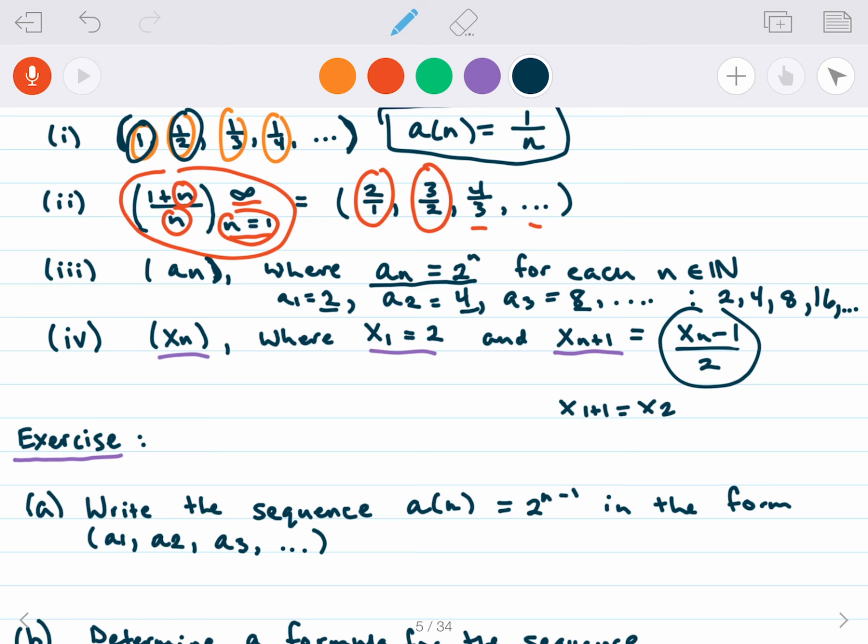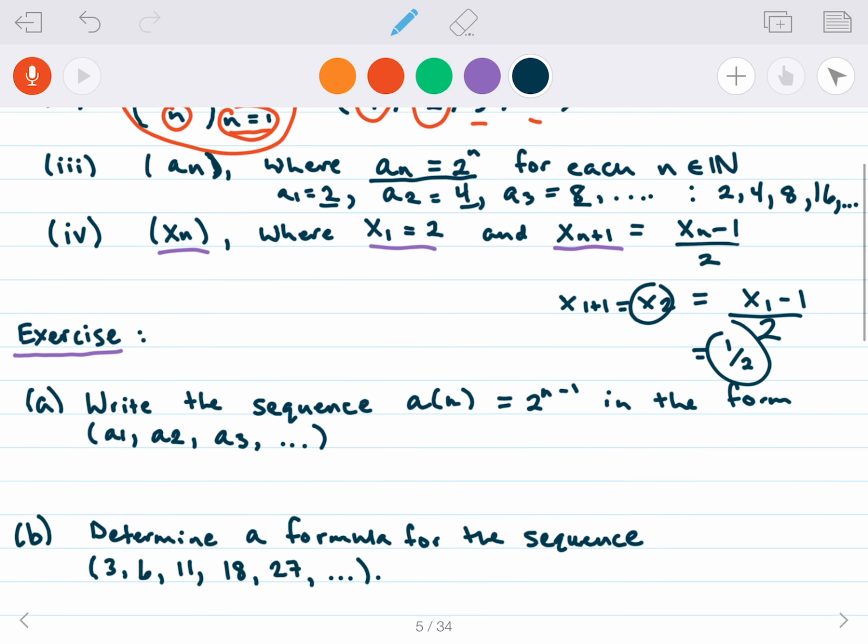Following this rule, this is going to be x sub 1 minus 1 over 2. So, recursively defined sequence, x sub 1 was 2, so 2 minus 1 over 2 is 1/2. And therefore x sub 2 is 1/2, and you could find x sub 3 by doing the same kind of thing. Okay, so that's a recursive sequence.